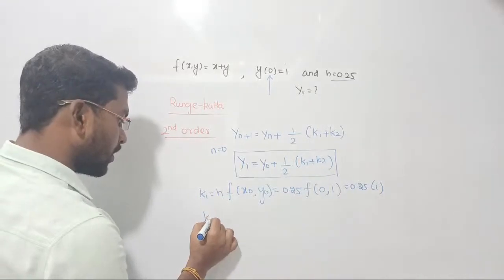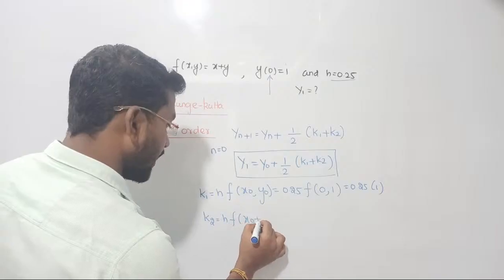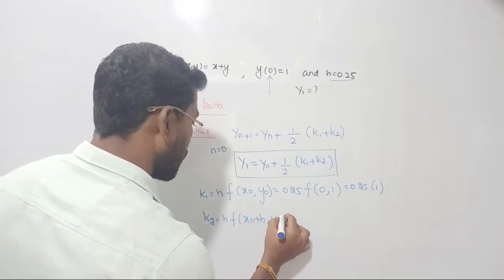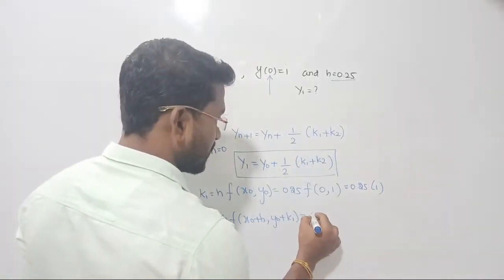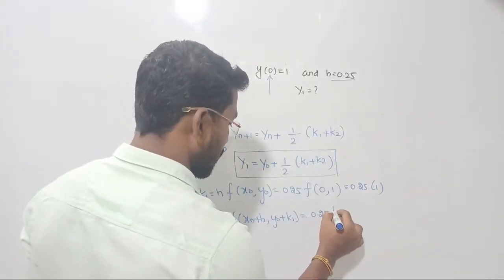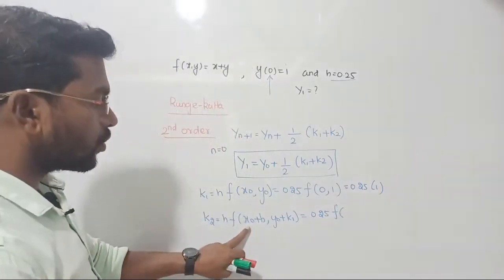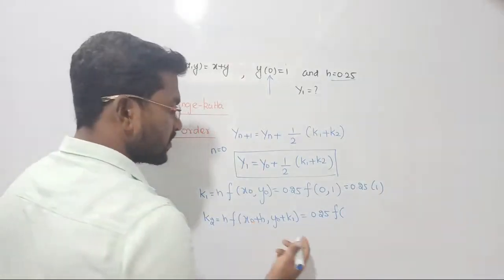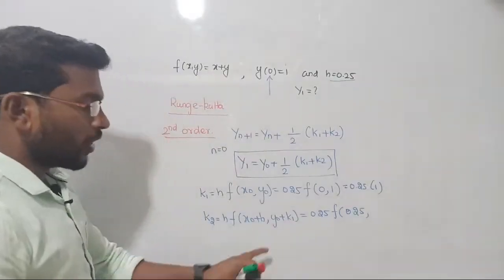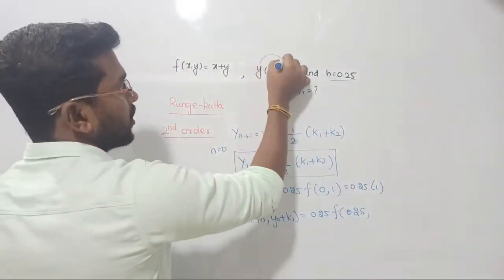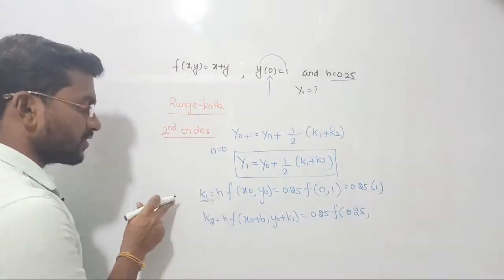Now let's bring the answer for k2. That is h into f of x0 plus h comma y0 plus k1. Let's continue our discussion with this. Step size h is 0.25 once again. So f of x0 is 0, h is 0.25, so 0 plus 0.25 becomes 0.25, comma y0 plus k1. y0 is 1 and k1 is 0.25, which we found just now.